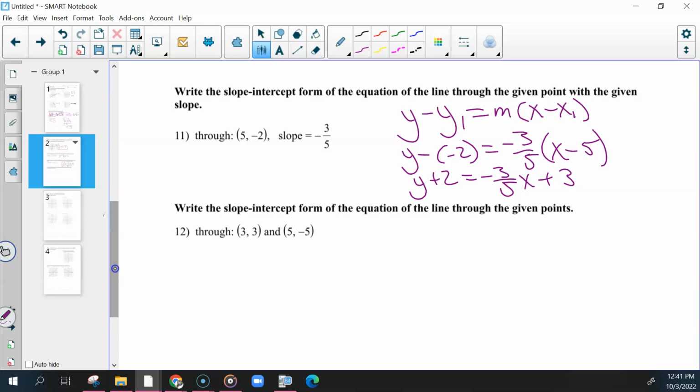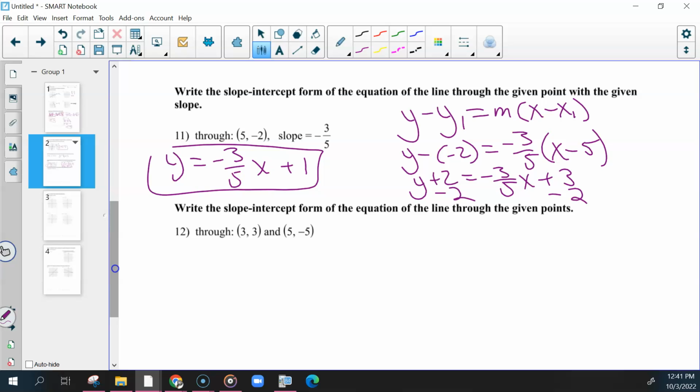So double check your math. And then subtract 2 on both sides, and your final equation was y equals -3 over 5x plus 1. So that one was worth 2 points, the work and the answer. Questions on that one before we go on?